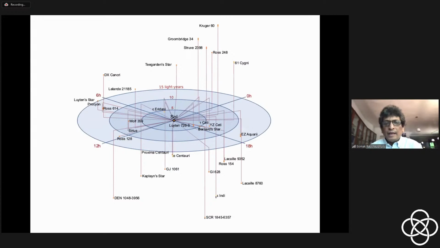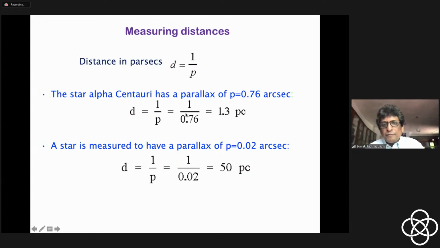Okay, you can see here our nearest stars, and these circles are about 5 light years. I mean, this is a book that did not use parsecs, but you can see this outer circle is 5 parsecs. So 5 parsecs would mean a parallax of 0.2 arc seconds.